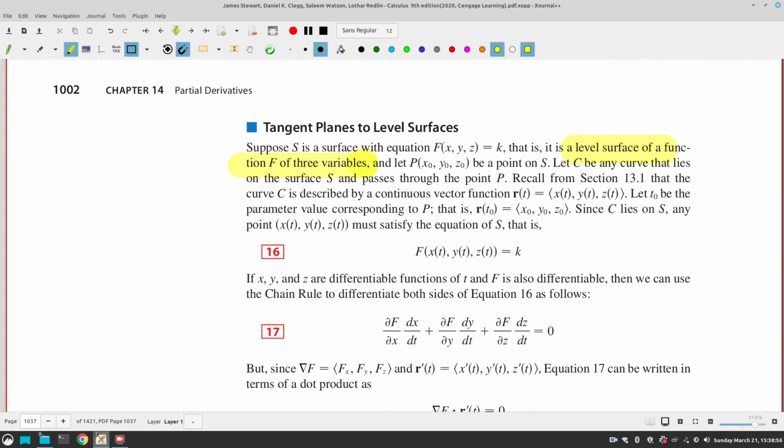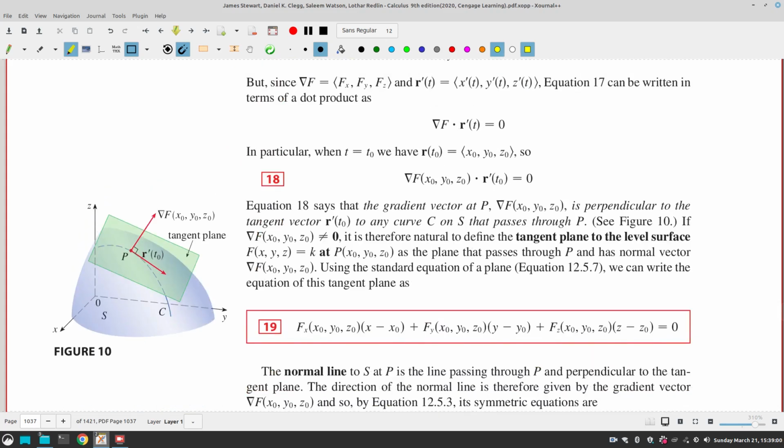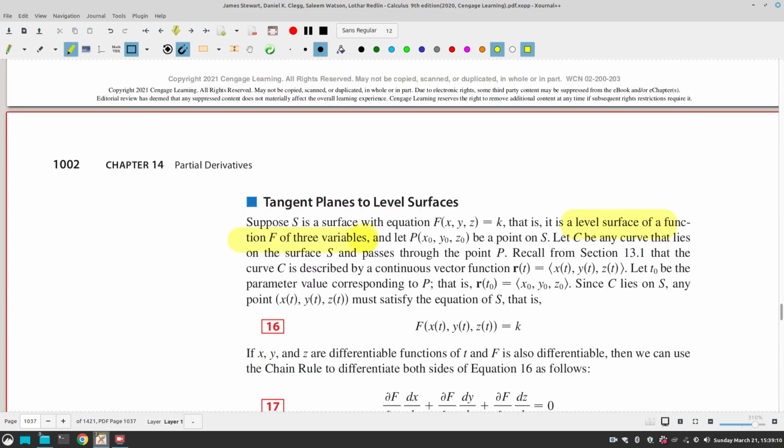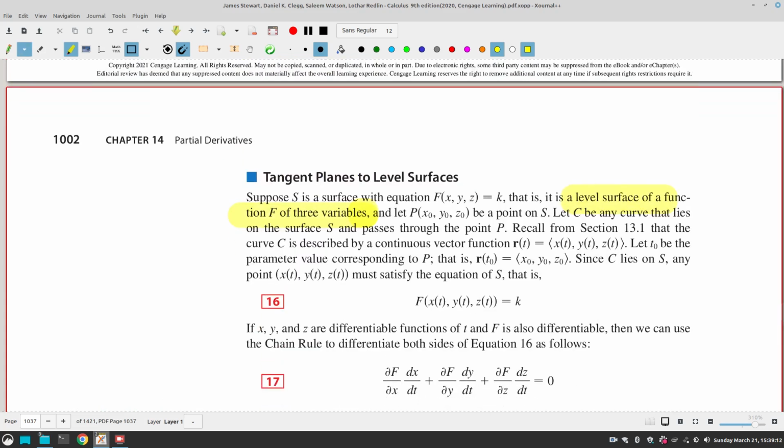So let's see. So we have S. This is the surface S that is given by F of x, y, z equals k, meaning it's implicitly defined.